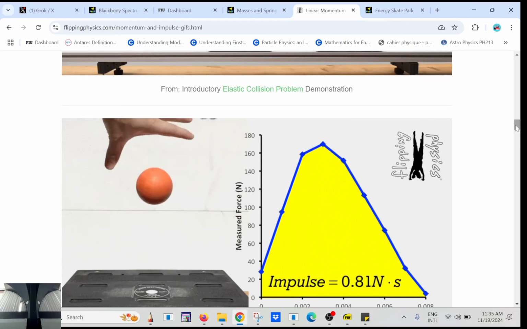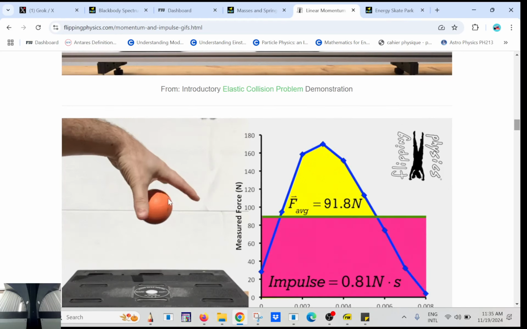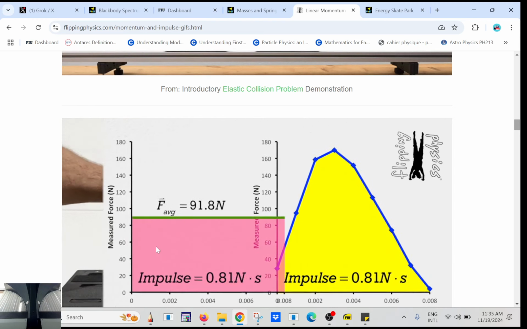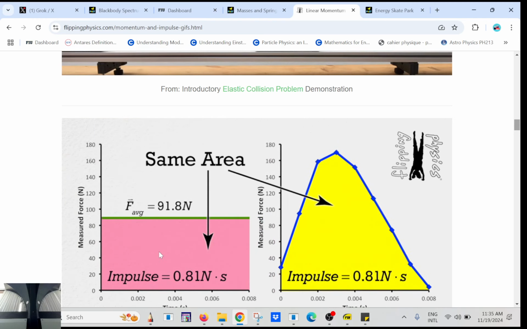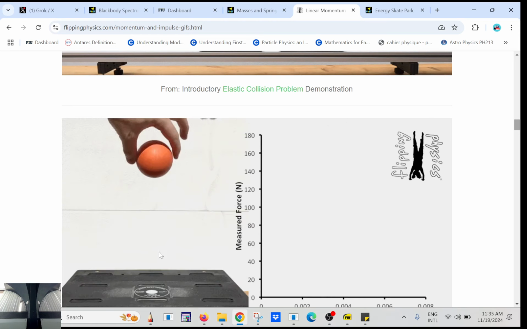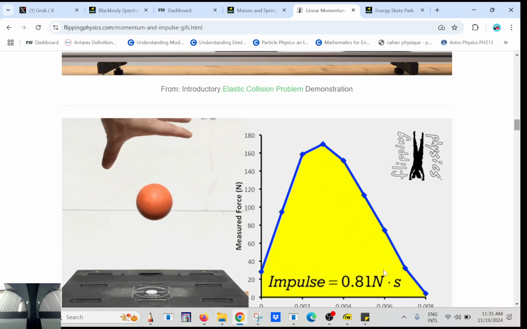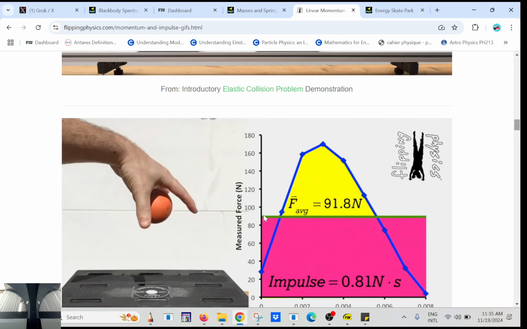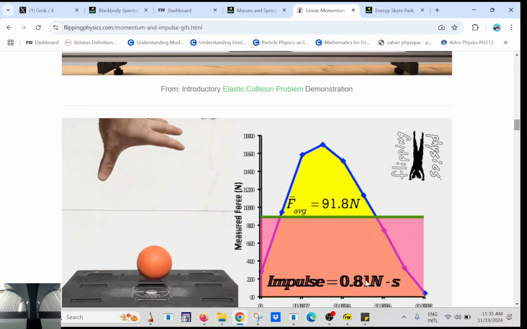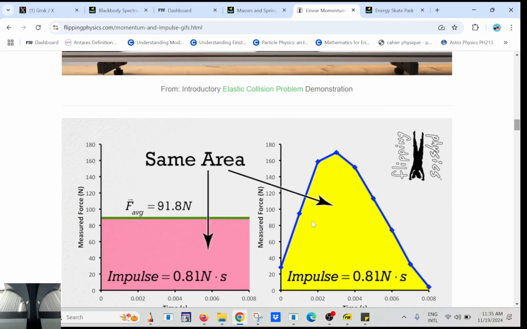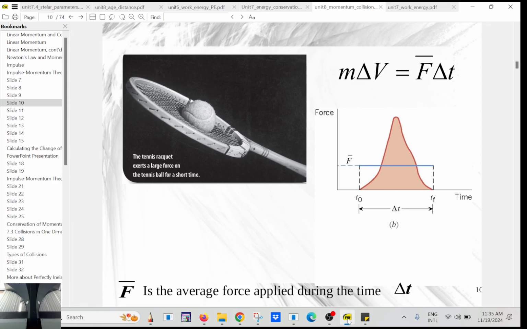You see, it's bouncing off, so there will be an impulse that is making the ball bounce off. The force increases and then it decreases, and that area in yellow will be the same as this area there. It's calculus based, so you should enjoy having a little bit of calculus.